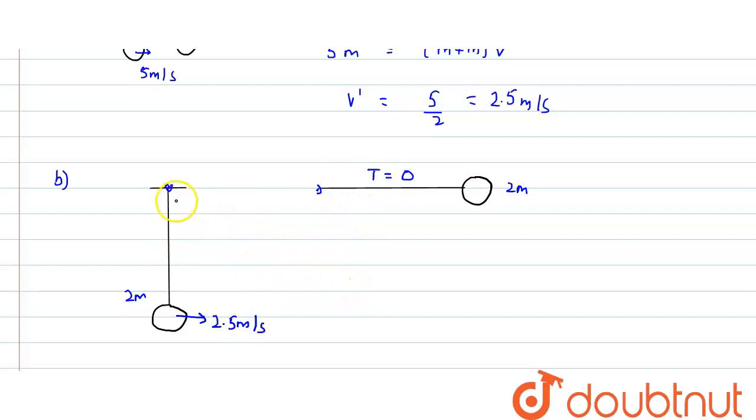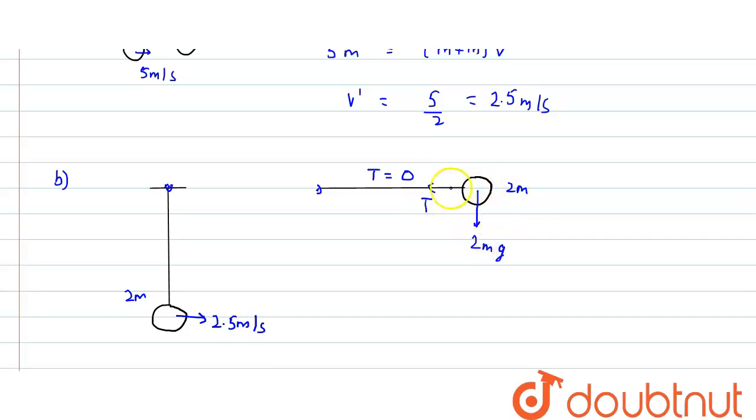Now, first of all, let us determine what is happening at the highest point. What would be the total force acting? Tension would be acting in this direction, and there would be 2mg acting in the downward direction.